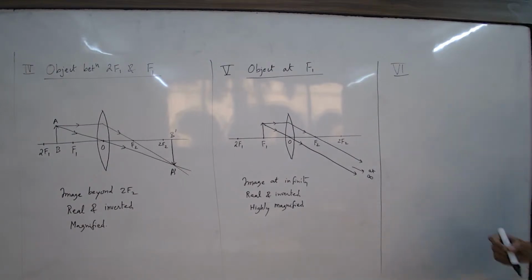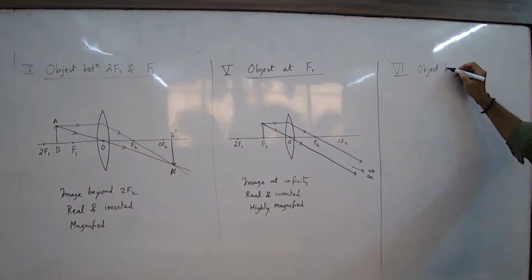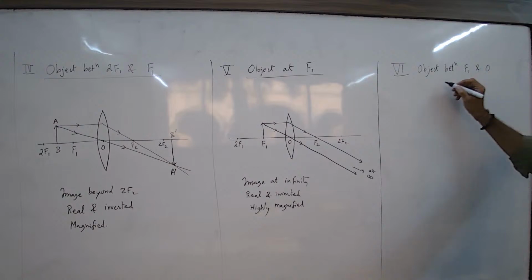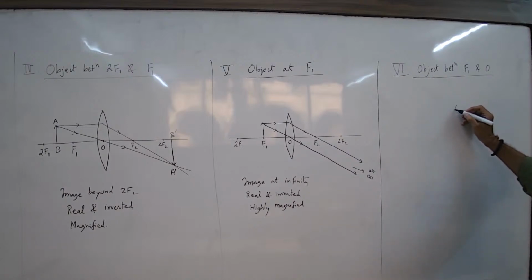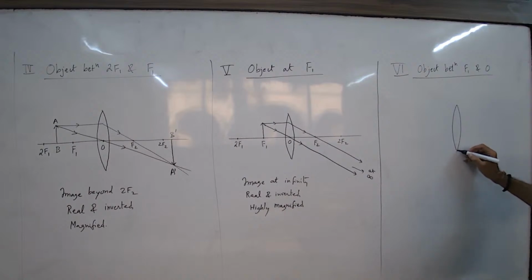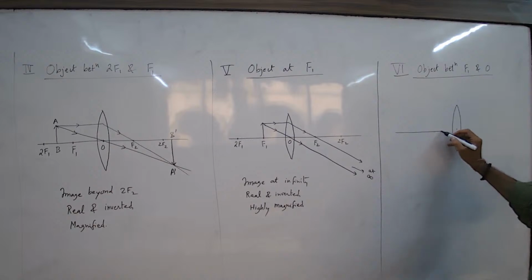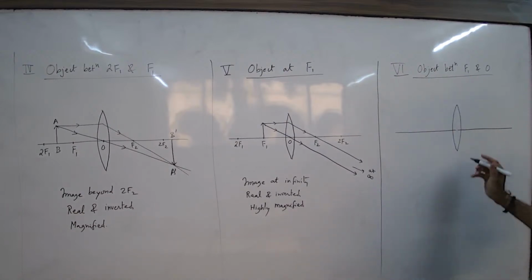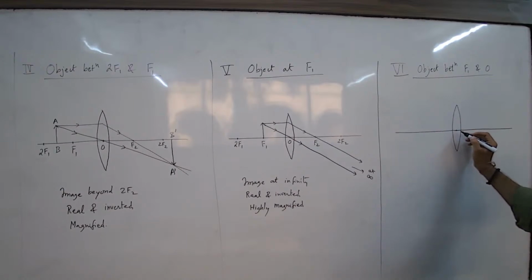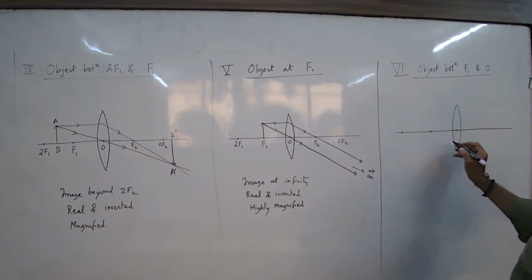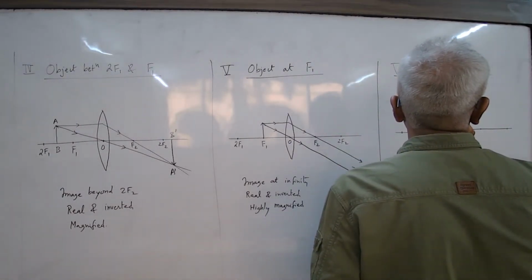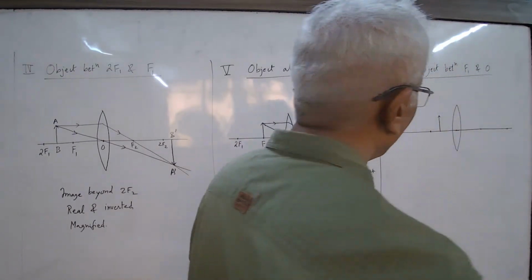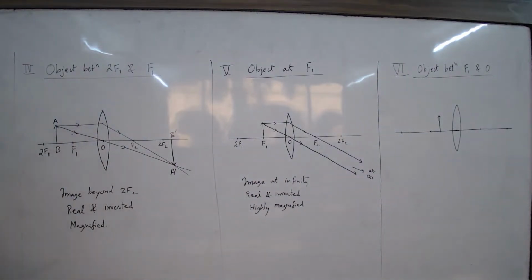What was the sixth case? Object between F1 and O. So you have to specify whether it is between F1 and O. What should be the nature of the image?